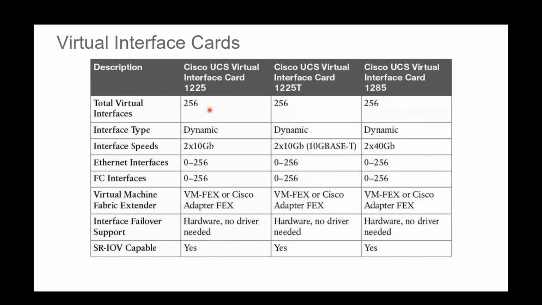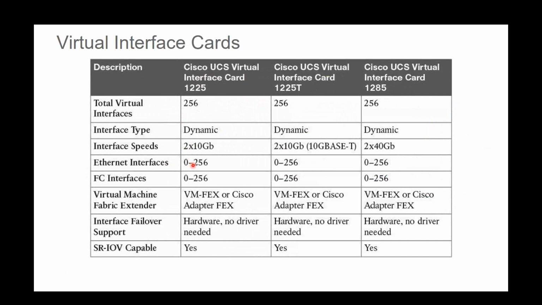These are dynamic and the total number of virtual interfaces. These cards use the same VN-Tag technology that Cisco uses in their FEXes that lets you take anywhere from 1 to 8 ports on your 5000 or 7000 series and expand it out to anywhere from 24 to 48 ports in a FEX module, and it takes that same technology and puts it into your servers.